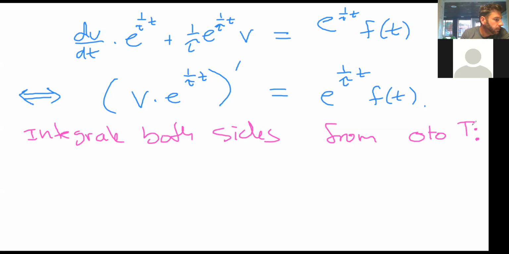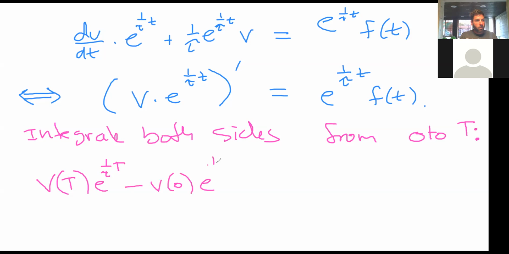The left-hand side, by the fundamental theorem of calculus, becomes v of capital T times e to the 1 over tau times capital T, minus v of 0 times e to the 1 over tau times 0. And the right-hand side is just the integral from 0 to capital T of this.